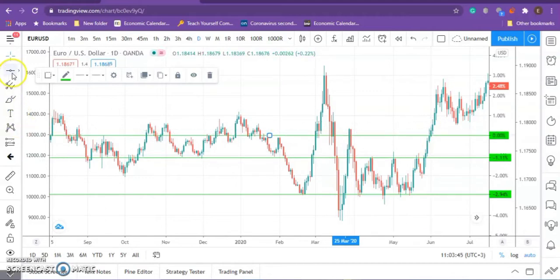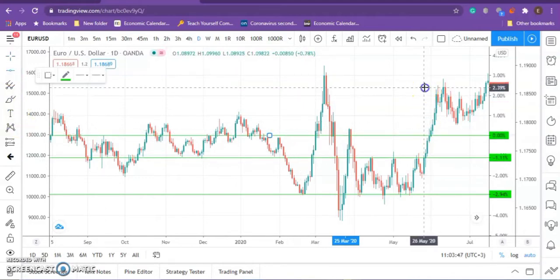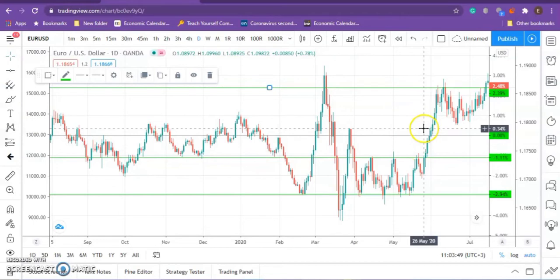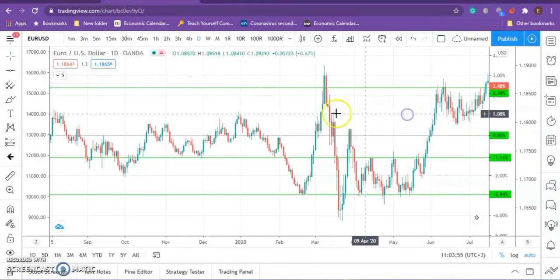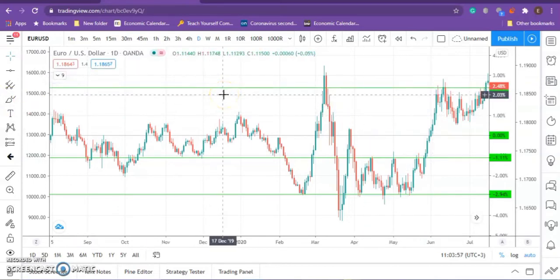When it goes up again at this level right over here, this now becomes your support, and this becomes your resistance point. So it depends. And also support will be your resistance points in a downtrend market.